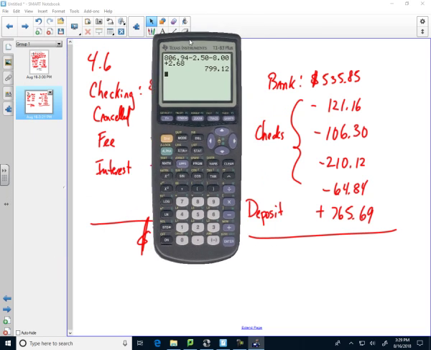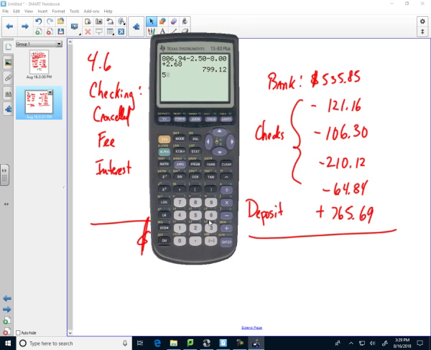So let's go over here now. 535.85 minus 121.16 minus 106.30 minus 210.12 minus 64.84 plus 765.69.